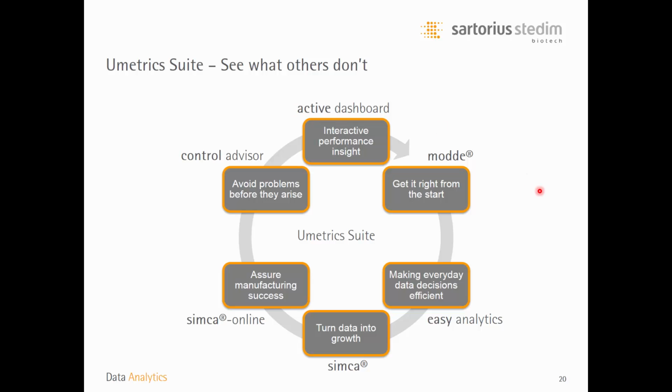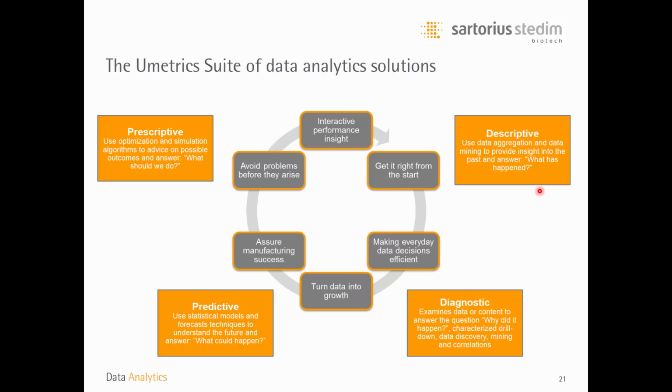And removing the names of the different software solutions, we can say that what you can accomplish with the Umetrics Suite of data analytics solutions is a very informed answer to all the critical questions that you're normally asking of your data. The questions we are referring to here are the descriptive, diagnostic, predictive and prescriptive questions that are summarized by the Gartner report.